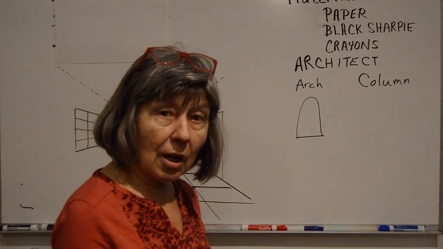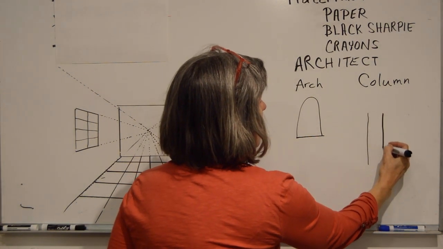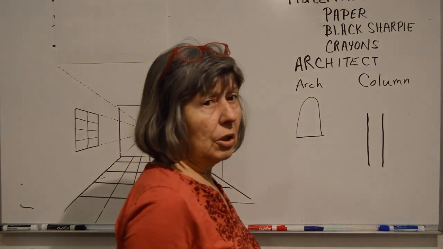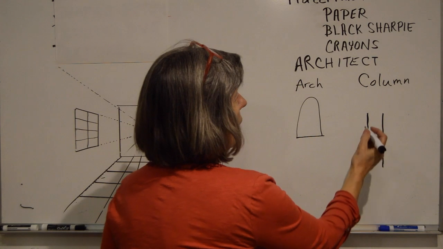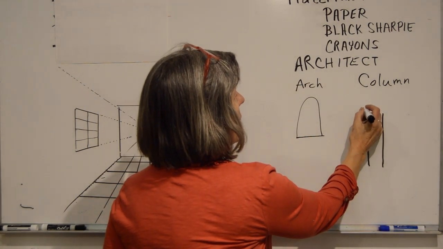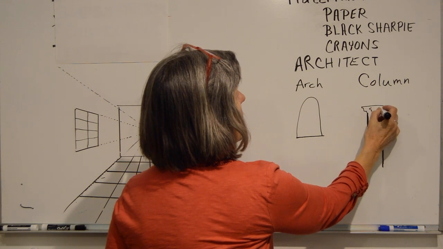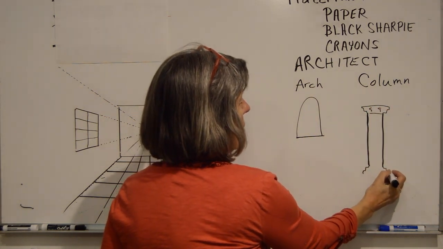And so to draw a column is very easy. You're just going to draw two straight lines. And usually the top and the bottom of the column is a little more fancy. Sometimes it's just little steps. Sometimes it's little designs carved into them, like so.